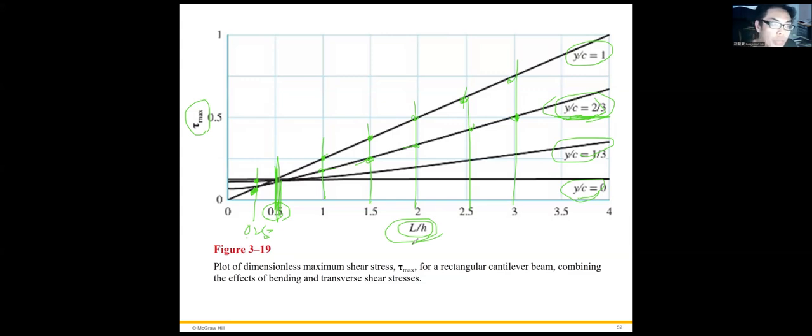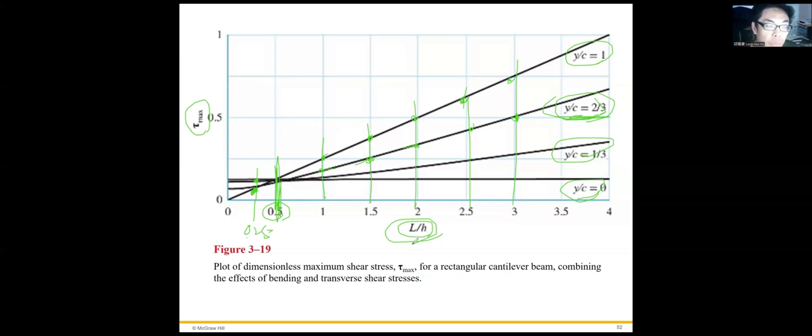When this ratio is greater than 0.5, the higher the L over h ratio, the higher the maximum shear stress, and when the location is close to the top surface, we get a higher maximum shear stress.